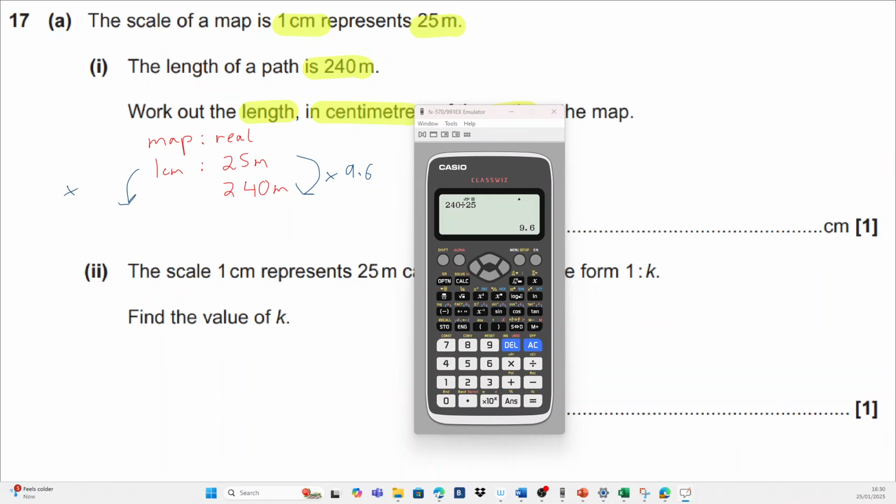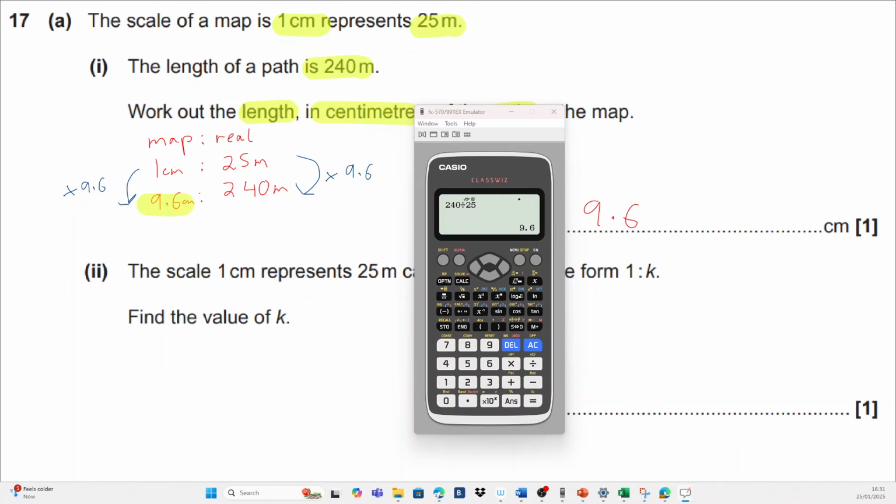You do 1 times 9.6, of course, just gives you 9.6 cm. That's your answer. So the length in centimeters of the path on the map is 9.6. And that is your answer, 9.6. 17A, double check it. I think we should be good. We are all good in the hood.